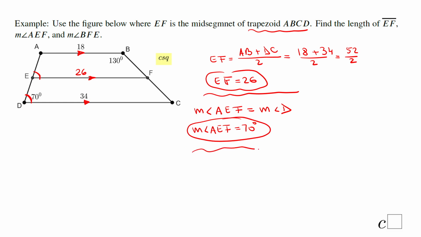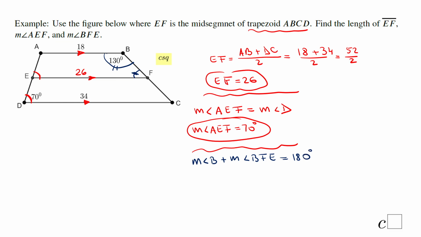And the last part in this problem is to find the measure of angle BFE, which is this angle here. This angle and angle B are same side interior angles, or consecutive angles, and those two angles are supplementary. So let me write that here. Measure of angle B plus the measure of angle BFE, the one we need to find, is 180.